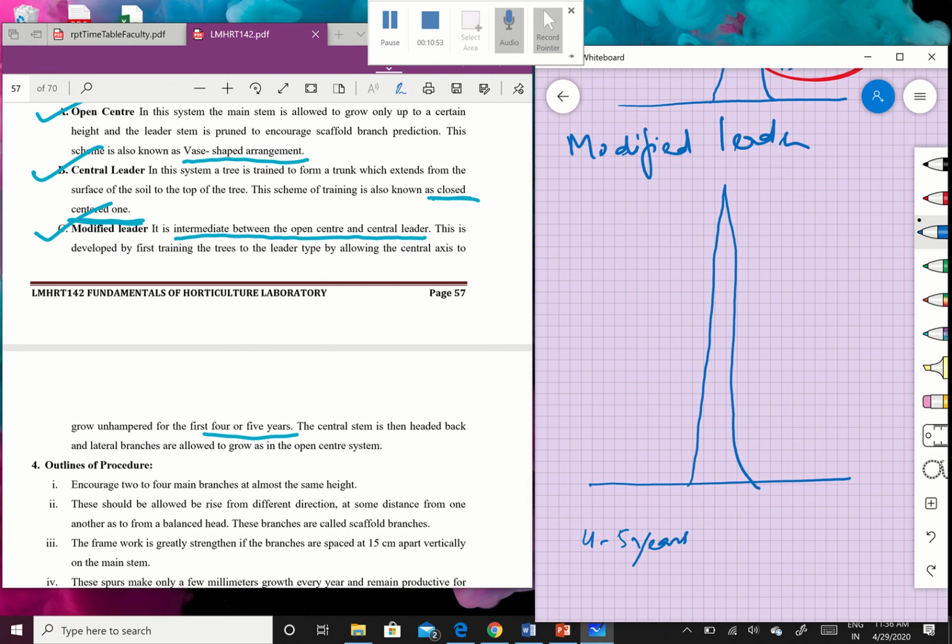After that, after these 4 to 5 years, at a height of 120 to 150 centimeter, we are going to cut it here. We are going to cut at a height of 120 to 150 centimeter.